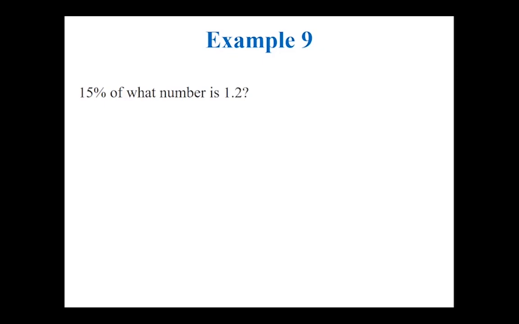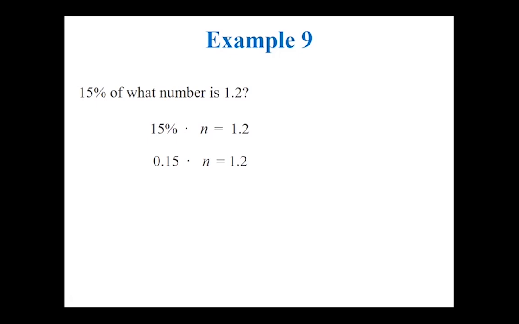15% of what number is 1.2? 15% times n equals 1.2. Of is multiply, is equal. What number is n? First step in solving, take our percent, change it to a decimal. 0.15 times n equals 1.2.